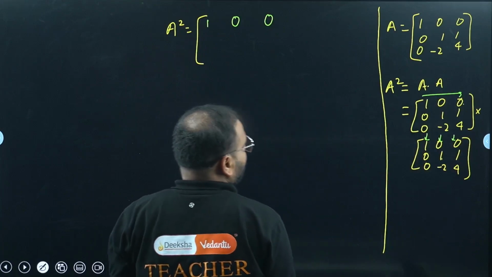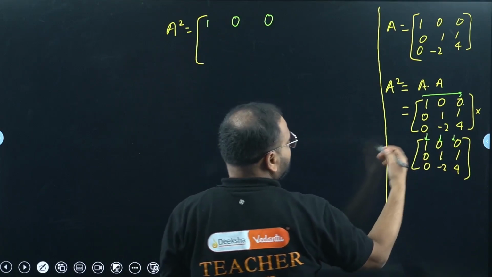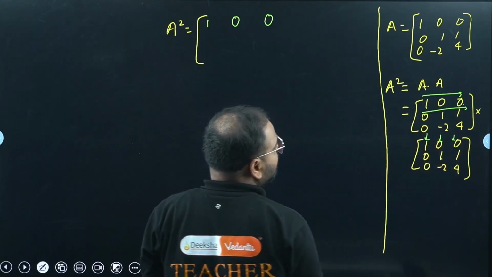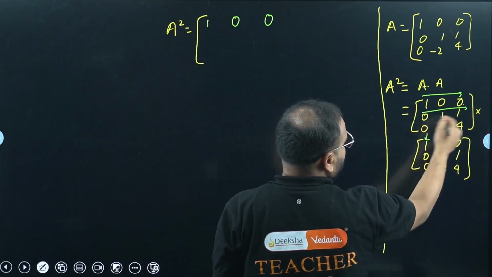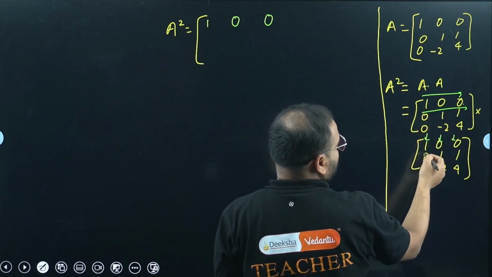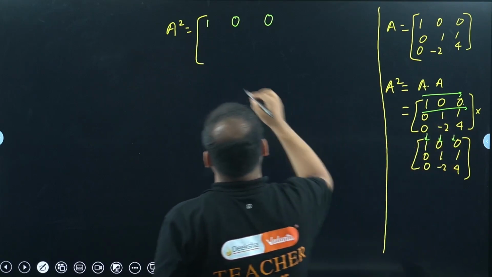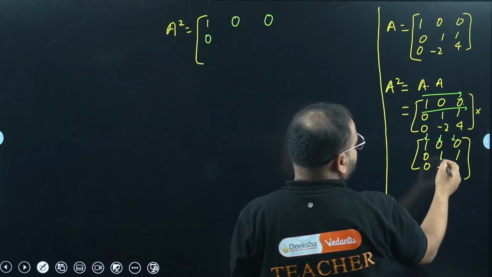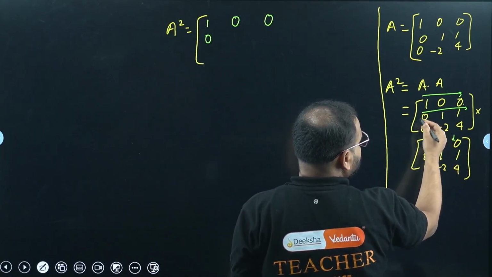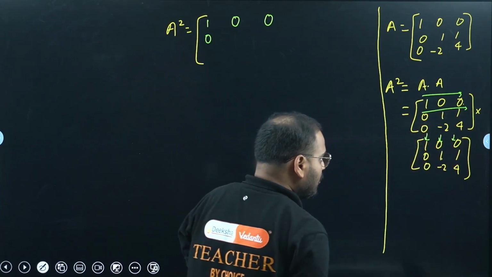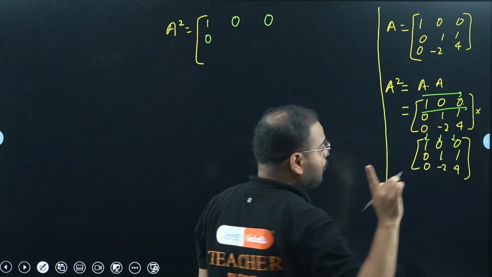Okay, sir. What about the next one? Now the first row is done. We'll move on to the second row. Second row, first column: 0 with 1, 0. 1 with 0, 0. And 1 with 0, 0. So this is again 0. Next, second row with second column: 0 with 0, 0. 1 with 1, 1.